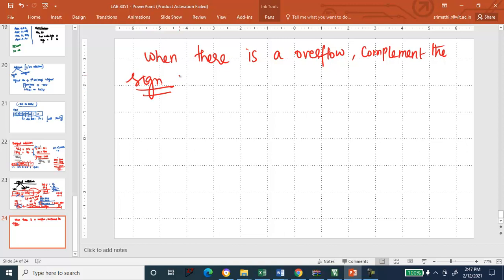Which bit is the sign bit in a signed number? The most significant bit, which is the C7th bit, is your sign bit. Only if you complement your C7th bit will you get the correct result.